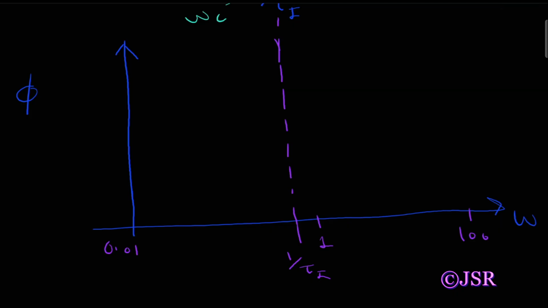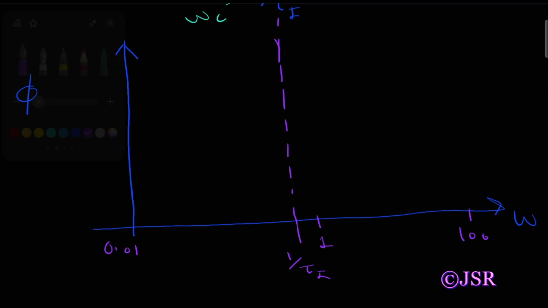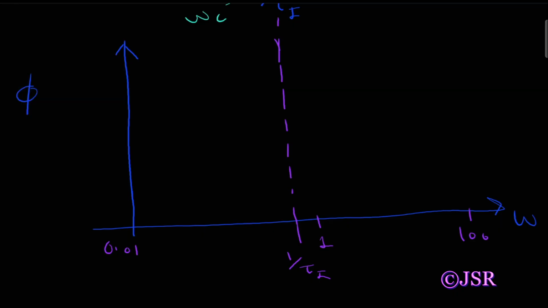So here we have 90 degree, this is minus 45 degree, and this is 0 degree.